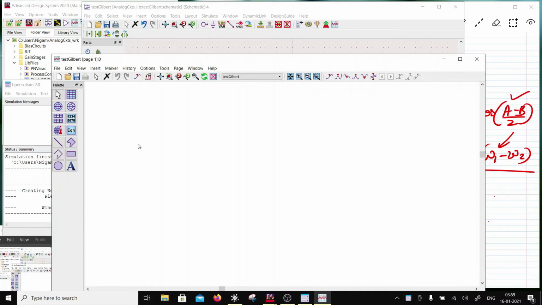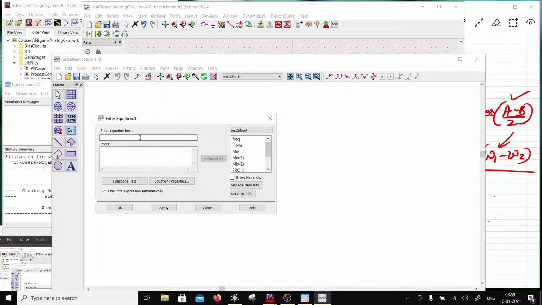P out is going to be dBm to watts. Let's write here some equations. In this case, I'm going to write here P out RF.